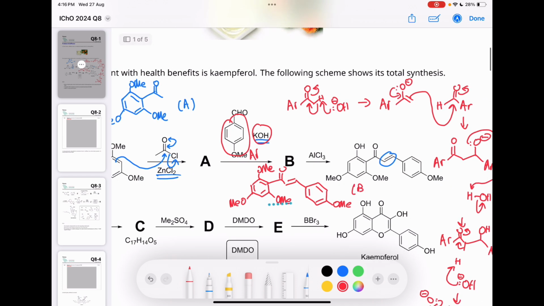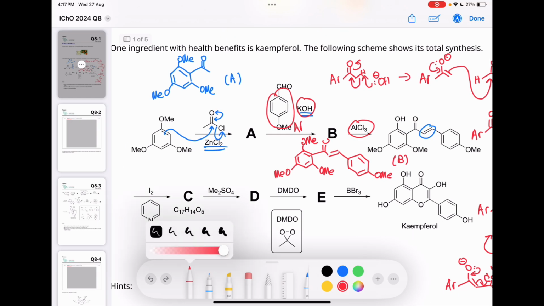So that will be your compound B. What happens from compound B to this intermediate structure is just that the AlCl3, which is a Lewis acid, will cause this OMe group to be deprotected, giving you back your OH group.